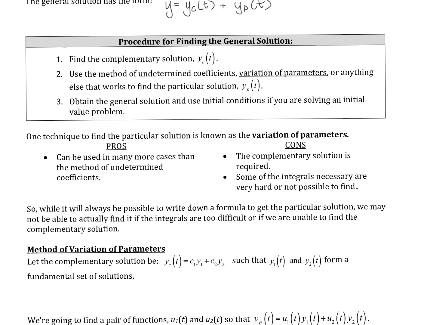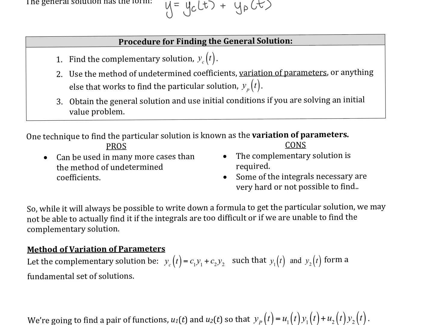So the good thing, it can be used in way more cases than the method of undetermined coefficients. But the bad, you have to find a complementary solution this time, whereas with undetermined coefficients, we didn't have to. It did help, especially if our complementary solution happened to have one of the solutions we guessed at.